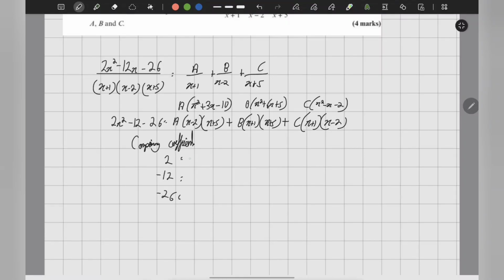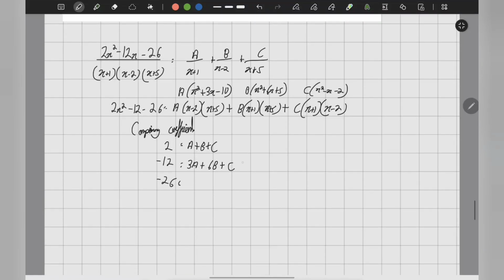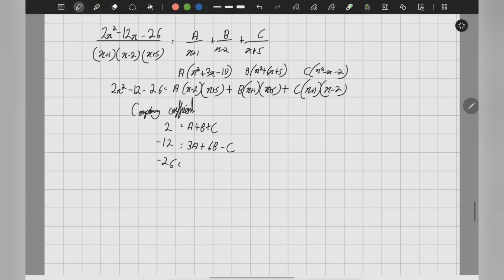So for our x squared, we would have a plus b plus c. For the x term, minus 12, we would have 3a plus 6b minus c, because it's the minus x. And then our minus 26 would be minus 10a plus 5b minus 2c.